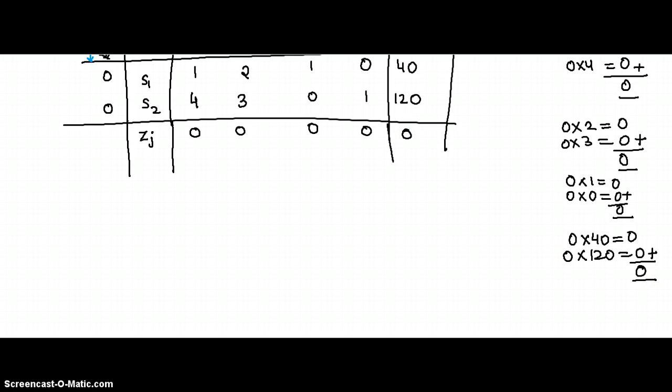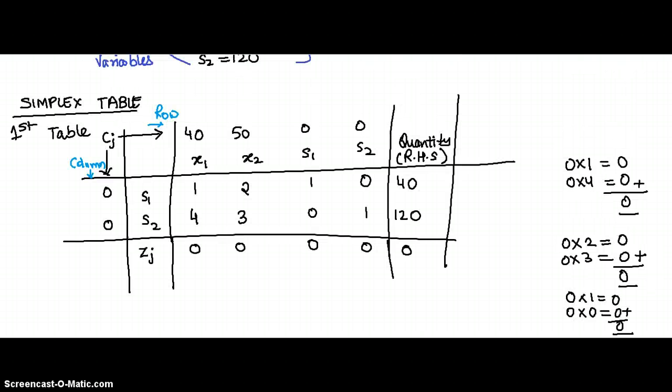Okay. Now the next step is to find Cj minus Zj. So here we are going to use the Cj row, not the column. The column we already used for Zj. And minus Zj. This value is Zj. Initially you will see that in all simplex methods, the first value of Zj will be 0.